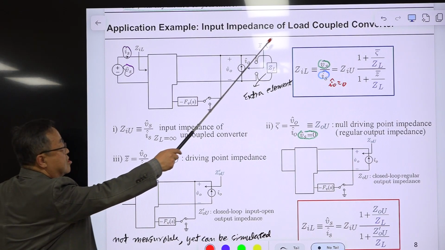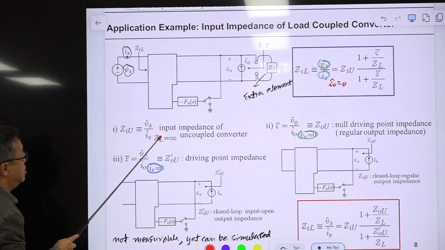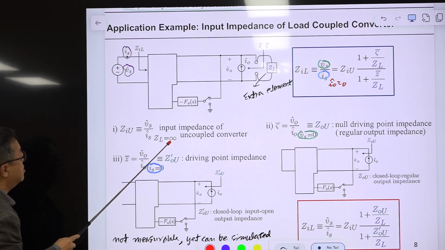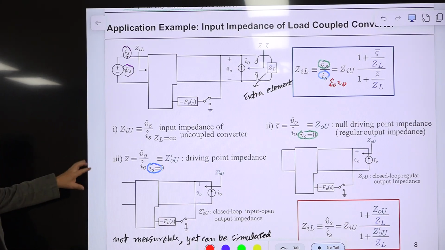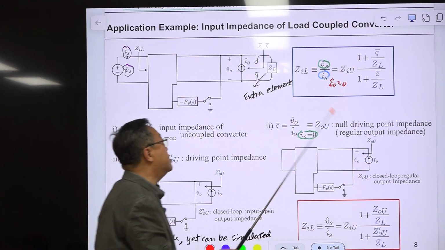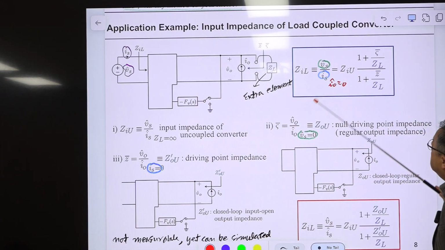Then we use this expression. GIU is evaluated with GL at infinity. There is the GIU, our definition of the uncoupled converter. We already defined this. So GIU is coming here, and this is the null driving point impedance, this is the input, and this is the output.